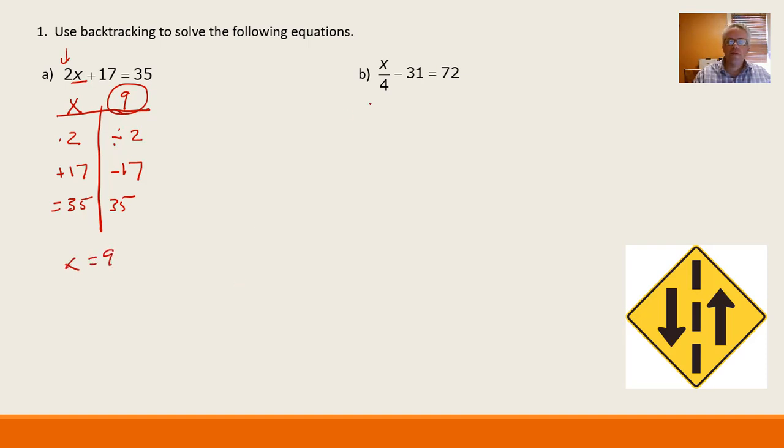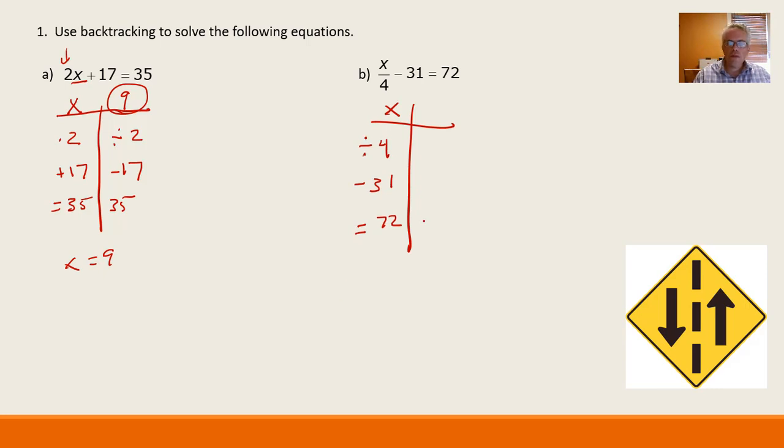All right, let's try this one. Start with a T-chart. Put our x here, and what are we doing to it? Well, this equation says we're dividing by 4, x over 4. That means the first thing is division. Then we're subtracting 31, and we're supposed to be getting 72.